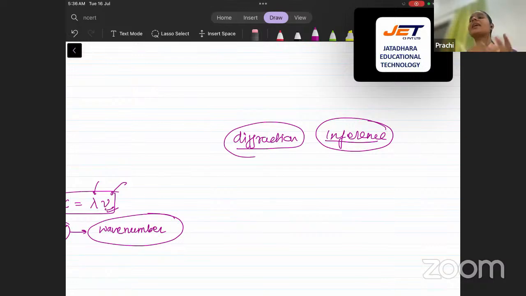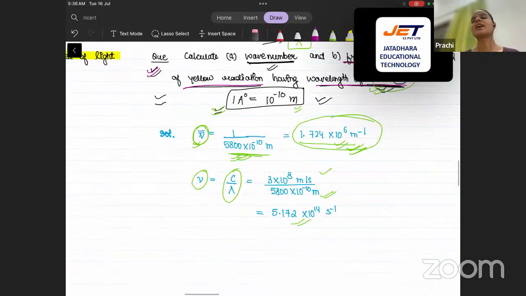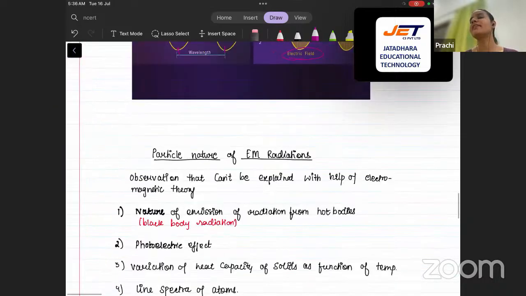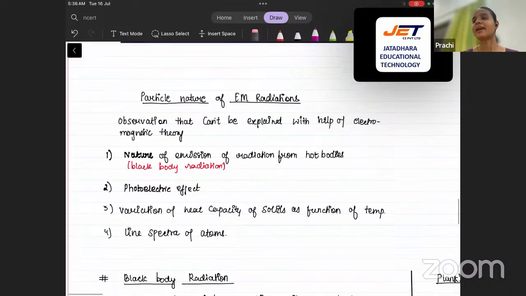From there they came up with the answer that light behaves as a particle also. So who was the scientist who gave this explanation? Planck, right? Max Planck.